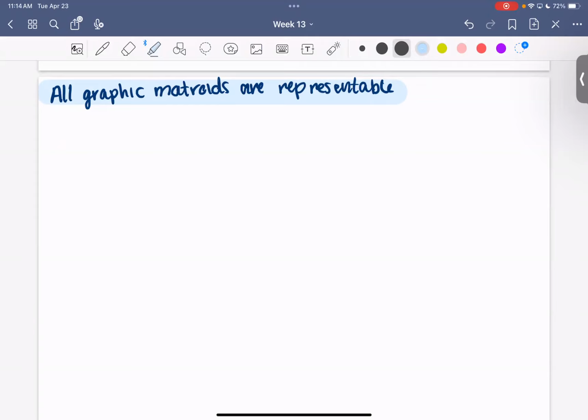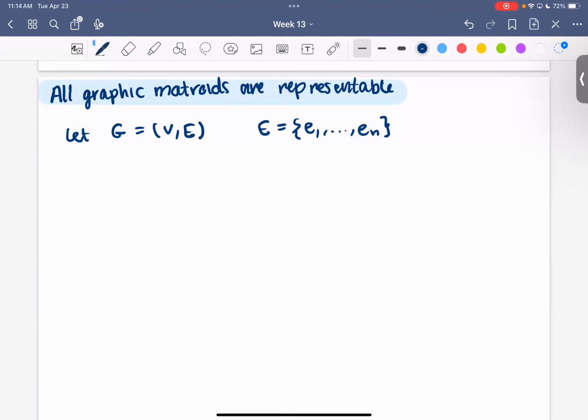So let G be our graph, and we'll let E be the set of edges, E1 up to En.